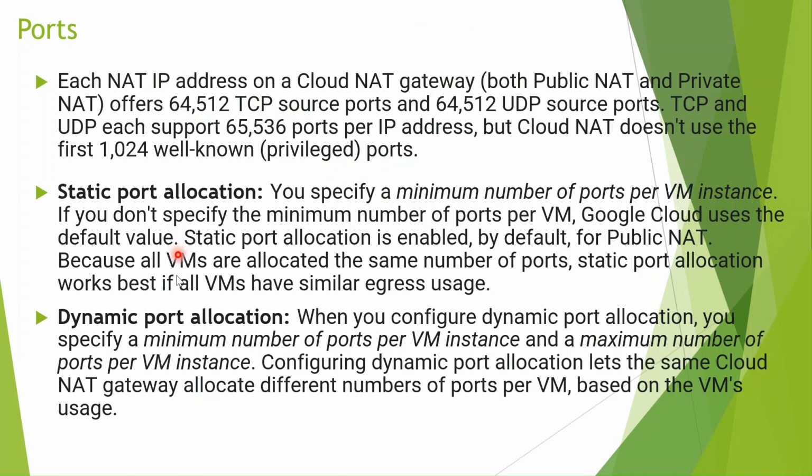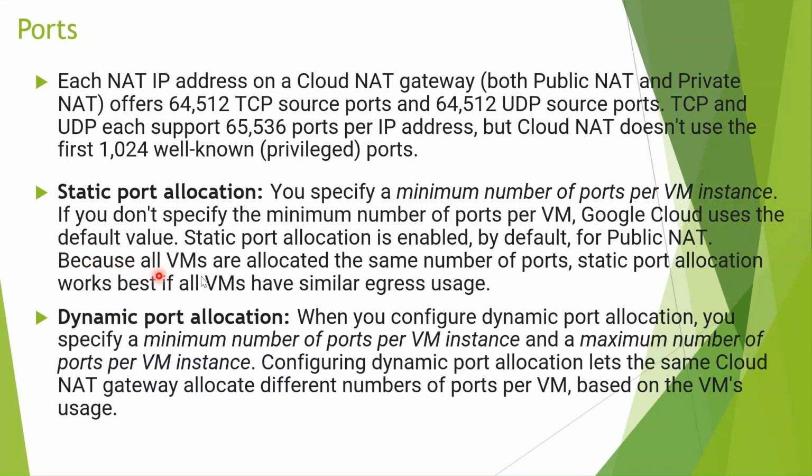There are again two options: we can use static port allocation or dynamic port allocation. In the static one, we define a minimum number of ports which we need per instance. If you don't specify anything, Google will use the default. Static is the default, already enabled for us, and if you want, you can move to dynamic also.